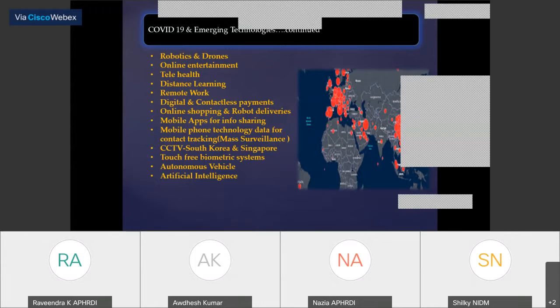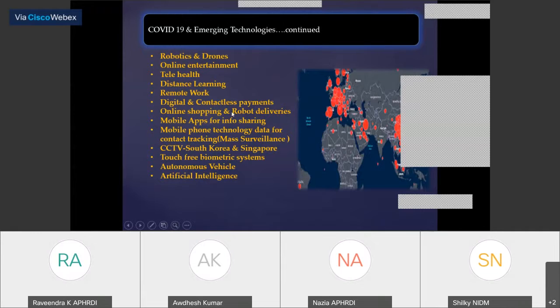Remote work: a number of people who were working in regular offices started working remotely. Digital contactless payment gained pace, as did online shopping and robot deliveries in some developed countries. Mobile apps for information sharing, and mobile phone data for contactless tracking, with the help of video cameras. This technology is also in the Arogya Setu app.